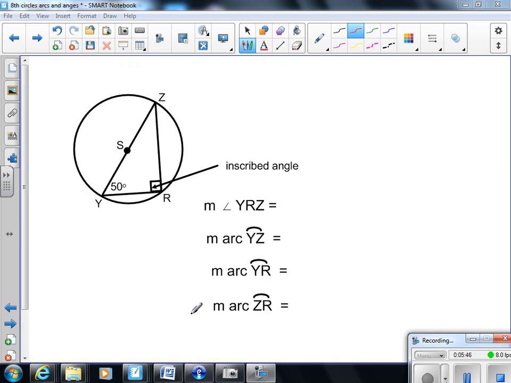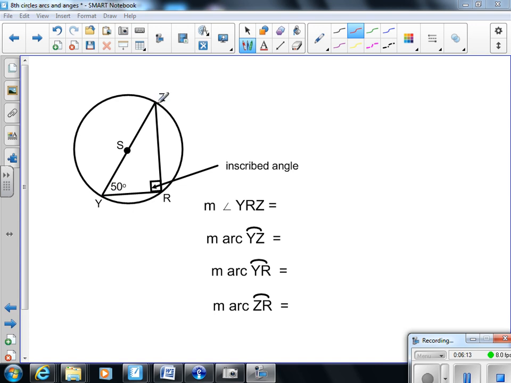Okay, so let's take a look at an example. Which one is the inscribed angle in this given situation? Okay, we can say angle YRZ is inscribed. Any others? Okay, angle ZYR would be inscribed, and angle YZR. Okay, so all three of these are actually inscribed because they have their vertex on the circle.